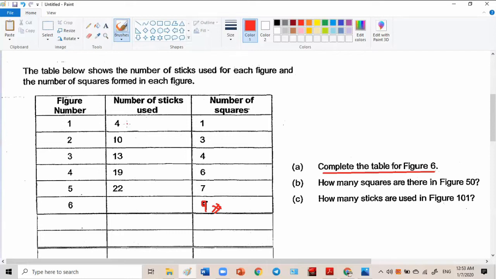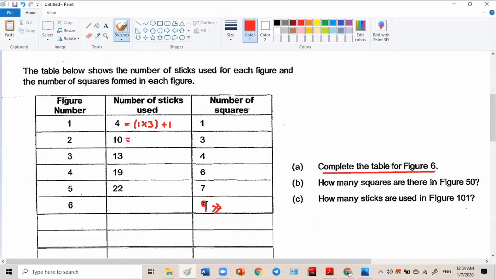All right, 4 is actually equal to 1 times 3, which is 3, plus 1.